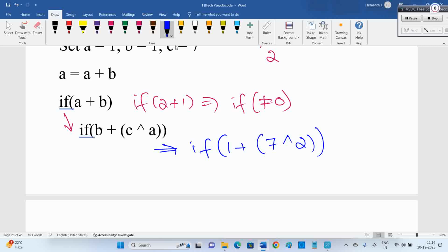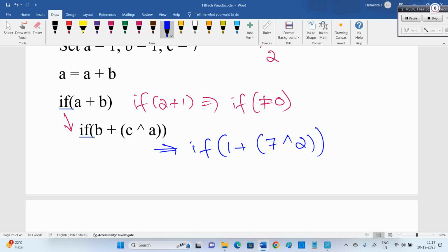But don't worry, dear. To enter inside, the inside value should be not equal to 0. Already 1 is there, right? If you do XOR, worst case you will get 0. Same numbers means 0. If it is other numbers, you may get some value, or maybe 0 also. Still, already 1 is there, right? You don't get negative.